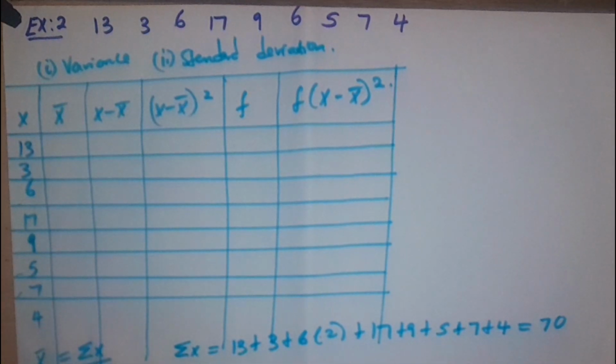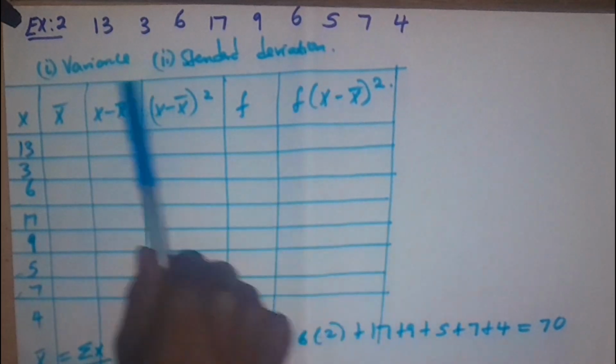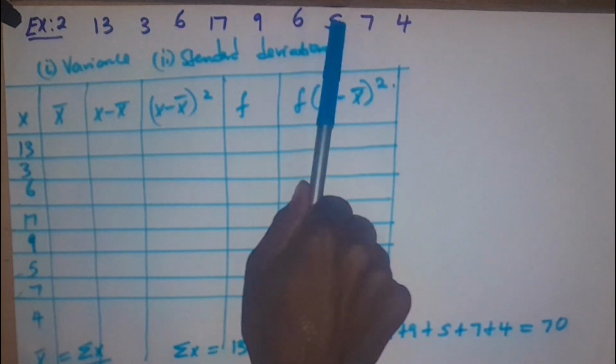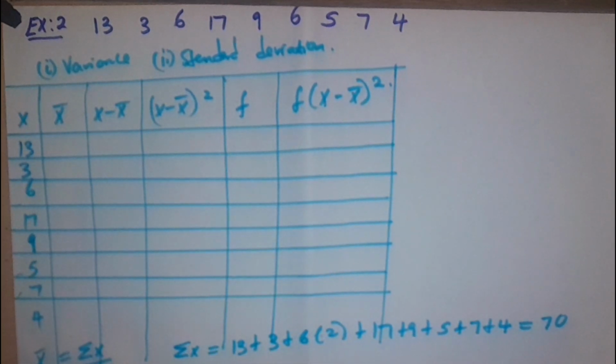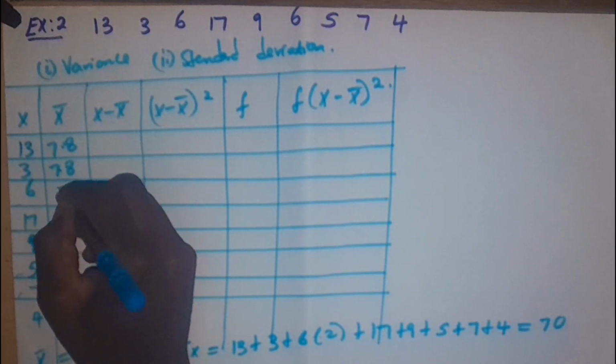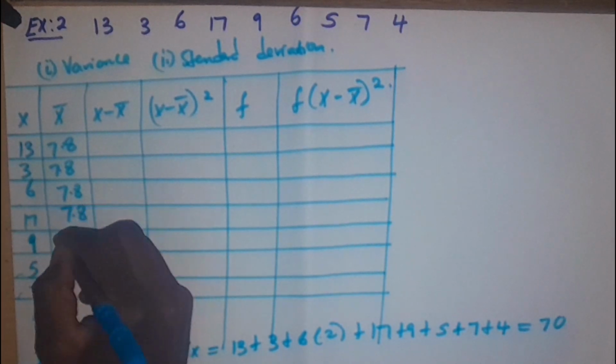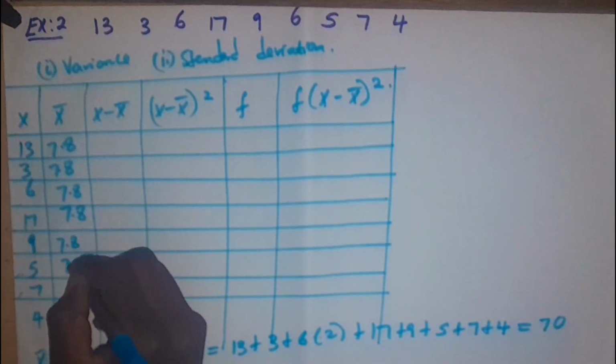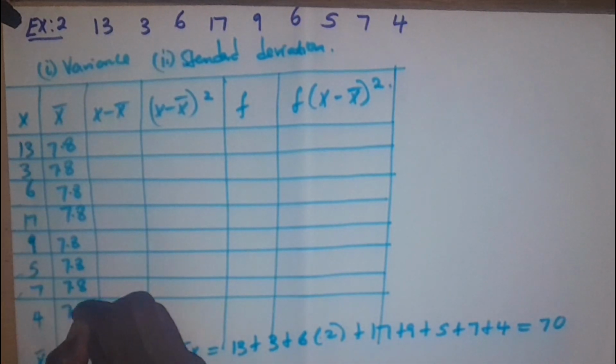Then the total number of observations: 1, 2, 3, 4, 5, 6, 7, 8, 9. So n equals 9. Therefore, our mean is equal to 70 over 9, which on the calculator is 7.8. So we write 7.8 down the whole column.